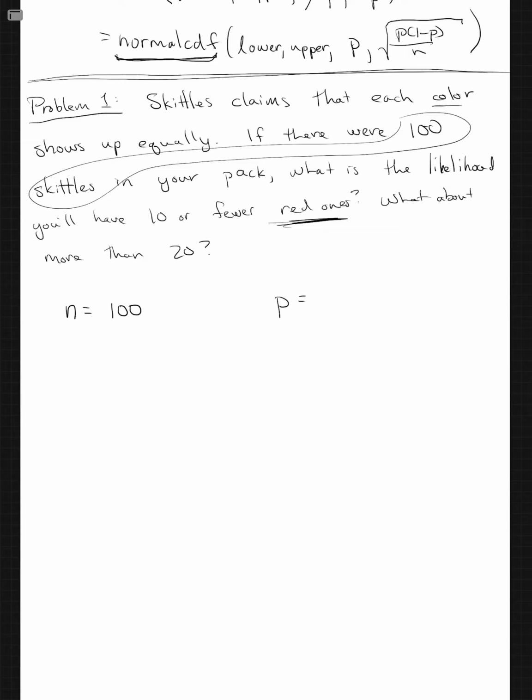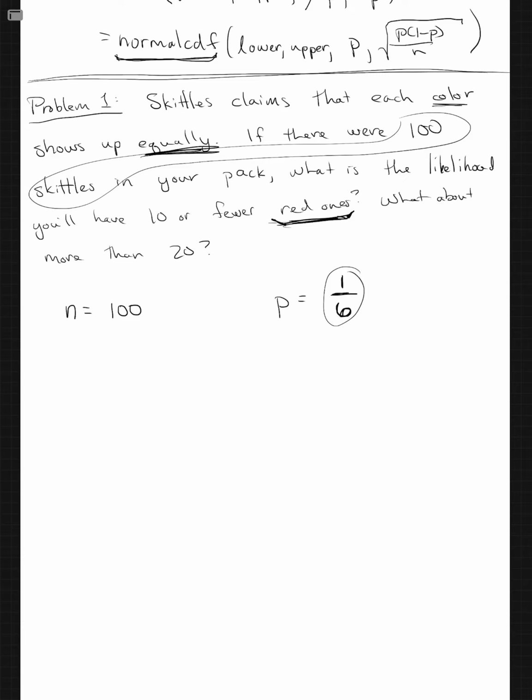And so here, the colors, I meant the original 6 colors, the base Skittles pack. So if they all show up equally, that means that the population proportion, if we look at every Skittle that was ever made, or at least of the original packs, and we look at any given color, specifically red in this case, 1/6 of them are going to be red.